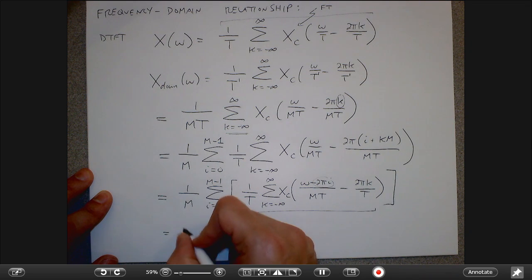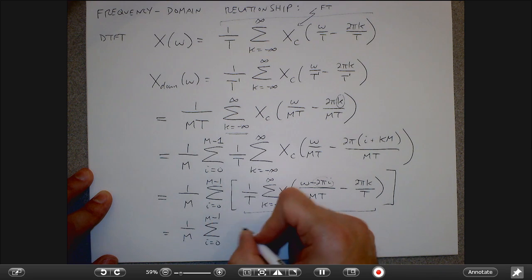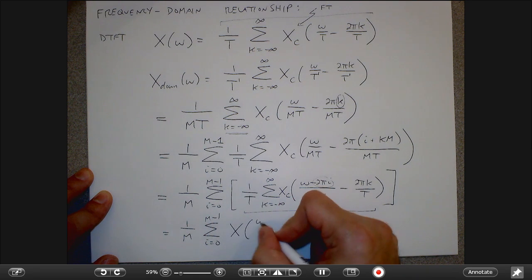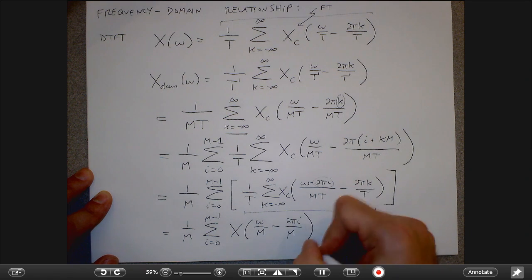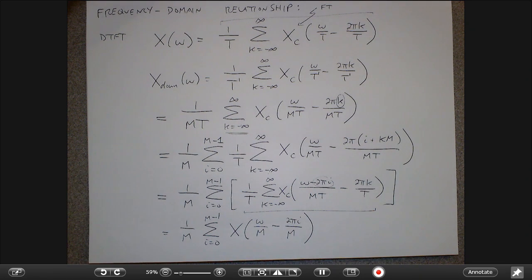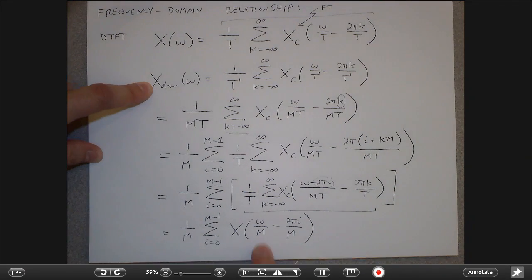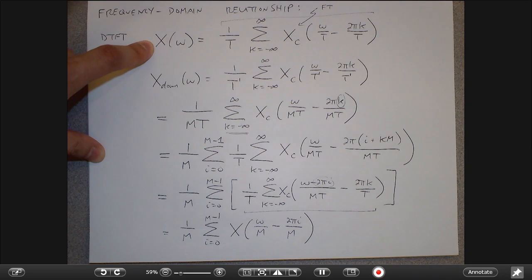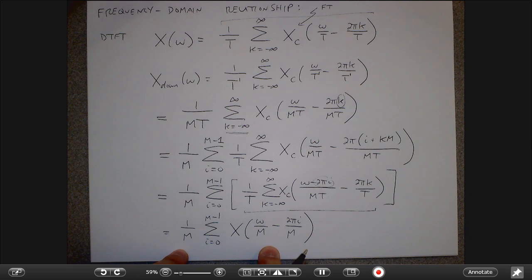So what I have here is basically M copies of the input shifted by multiples of 2 pi over M. I know this is a little bit confusing mathematically. This is saying that the downsampled DTFT is related to the original sampled DTFT by a bunch of scaled and shifted copies. This is really the same thing that happens when I sample a signal to begin with, and if I think about things in the frequency domain, it should just make sense.